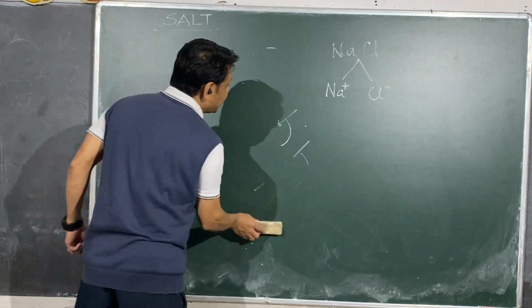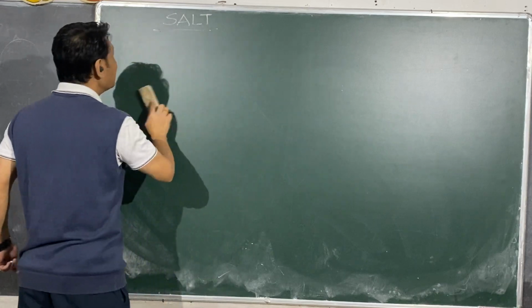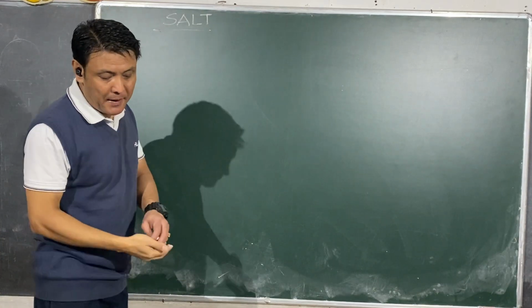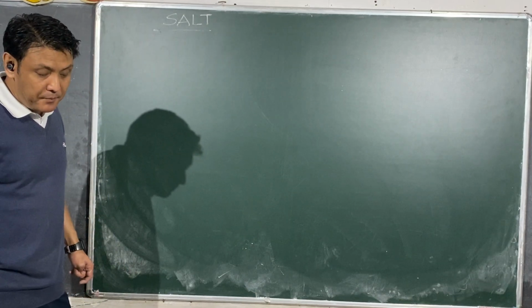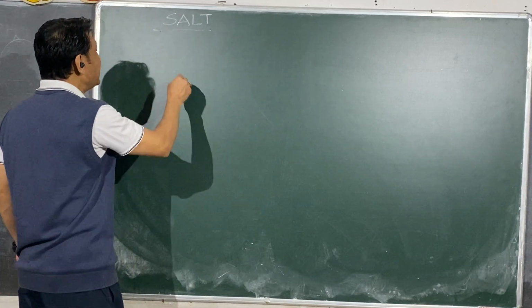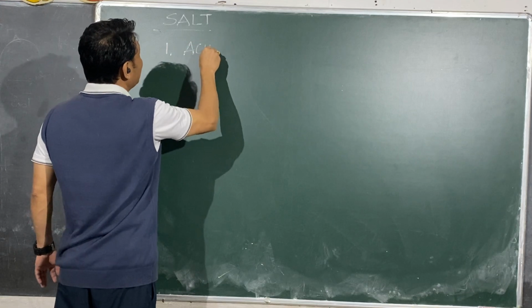there are many types of salt, but let us talk about the simple three types that you have to remember. One is acid salt, the other is normal salt, and the other is basic salt. So there are three types of salt. Number 1, acid salt.